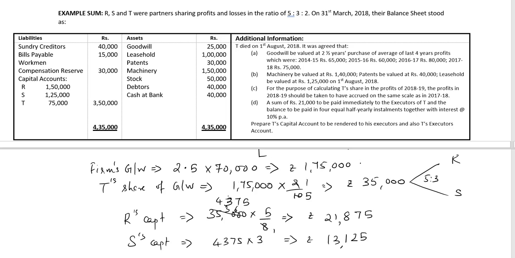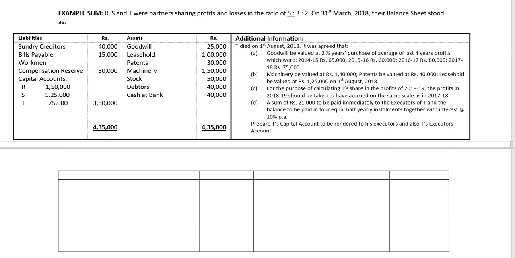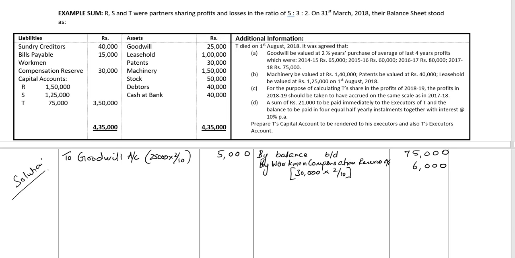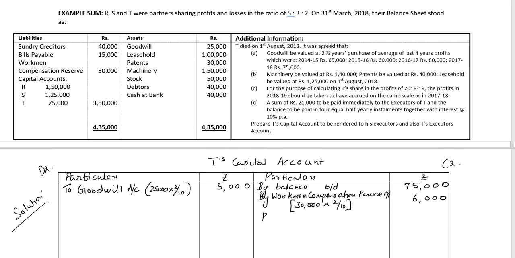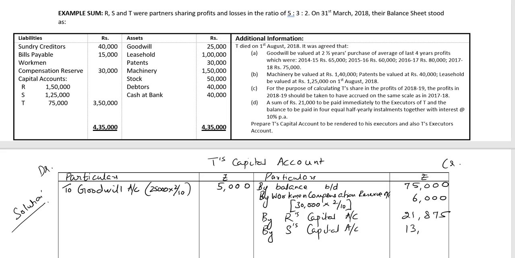So let's post this by R's capital account. It was 21,875, and by S's capital account, we had to debit S with 13,125.